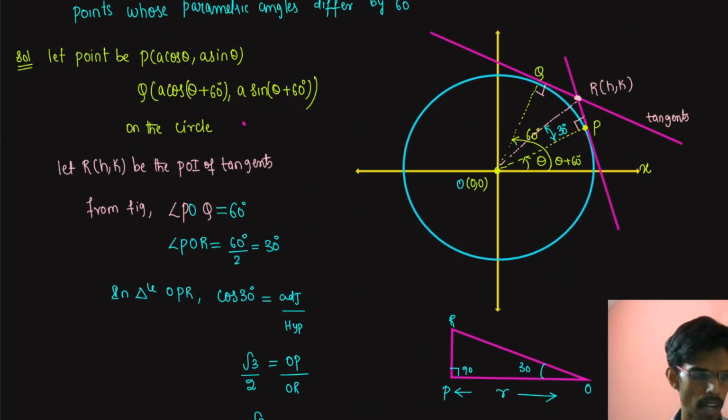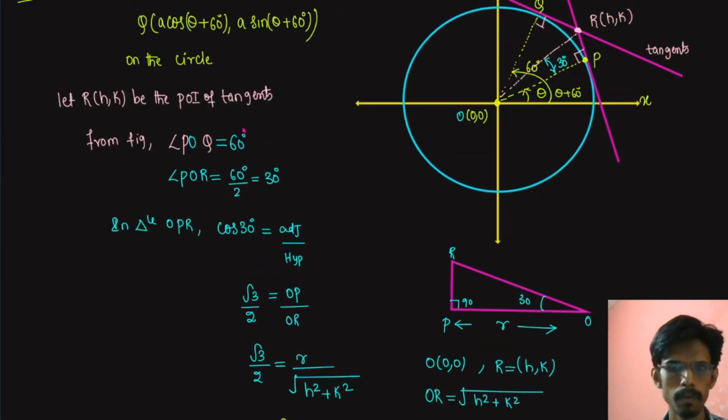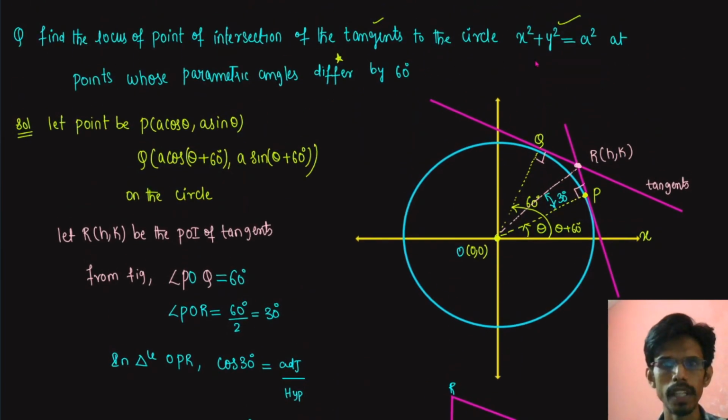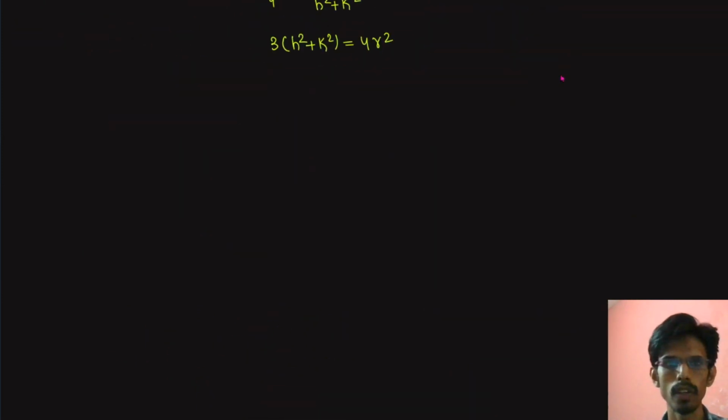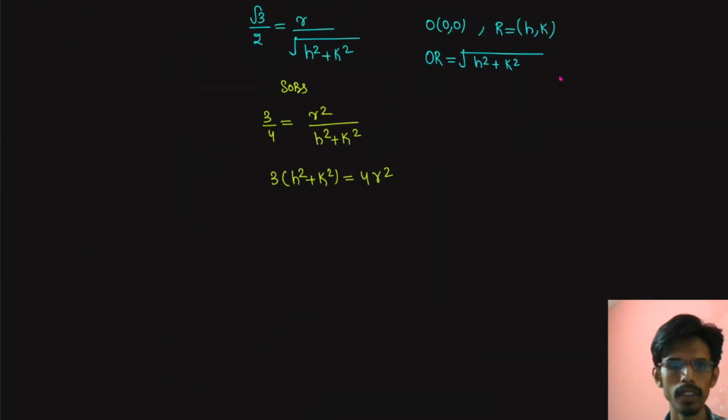Now r is nothing but the radius, and the radius is given as a here. So this will become 3 into h square plus k square is equal to 4a square.